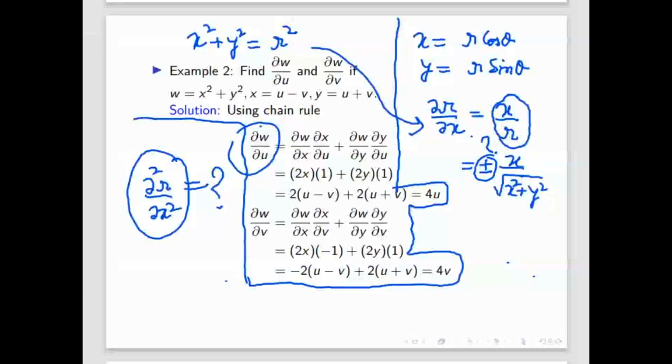If you know the partial derivative of r with respect to x, then you can easily calculate this also with respect to y, even the mixed derivative. So here you can use chain rule, or without chain rule if you want, you can do.